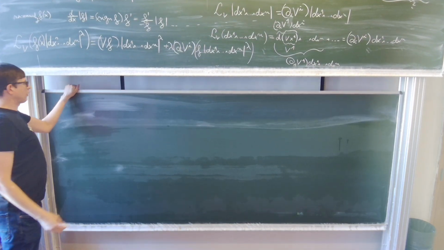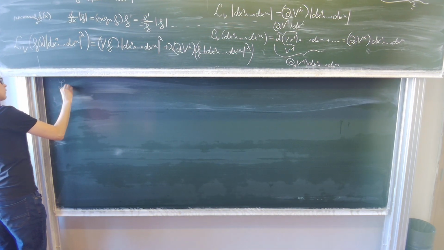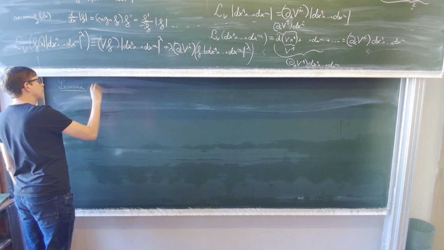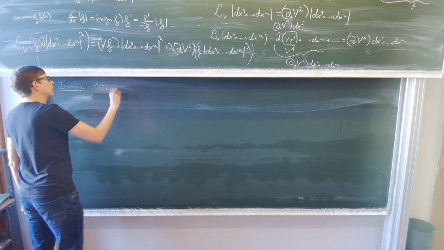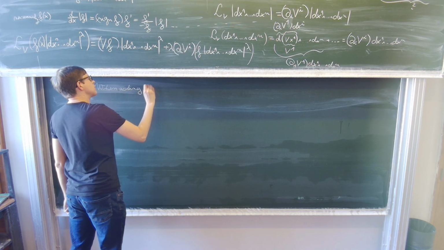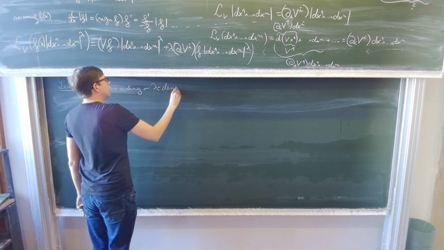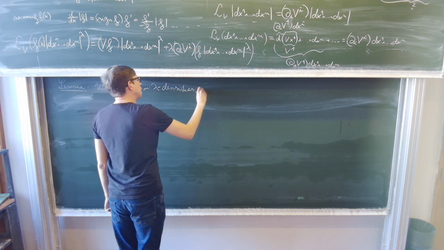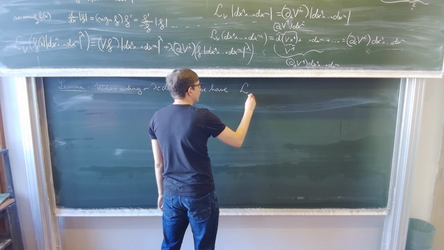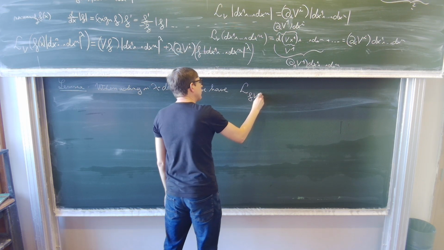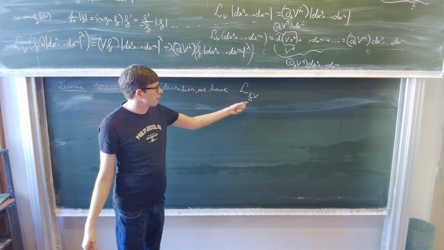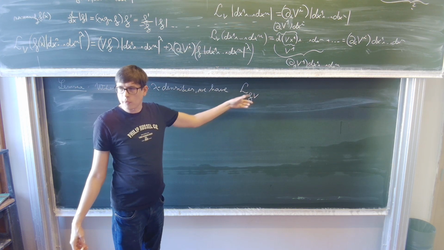Okay, and then there is one simple corollary from this lemma. When acting on lambda densities, we have that the Lie derivative, if I have a vector field and multiply it by a function, in general you can't take the function out unless you act on functions.